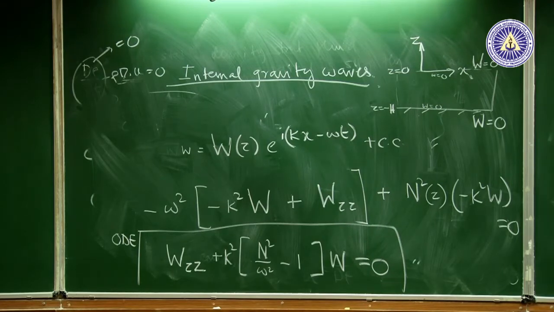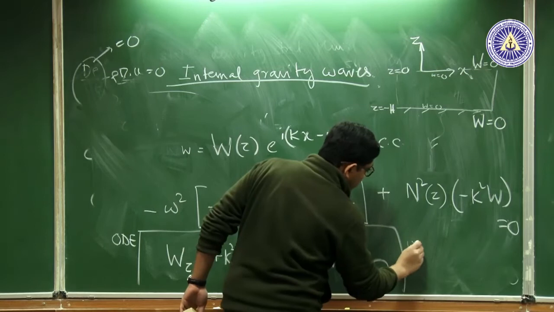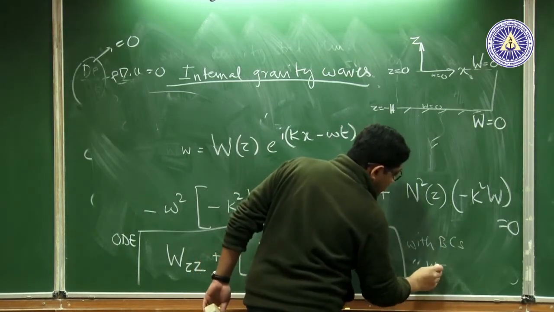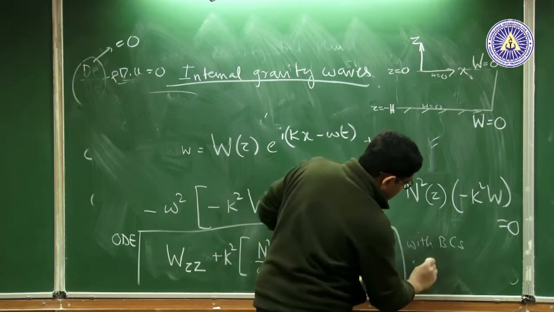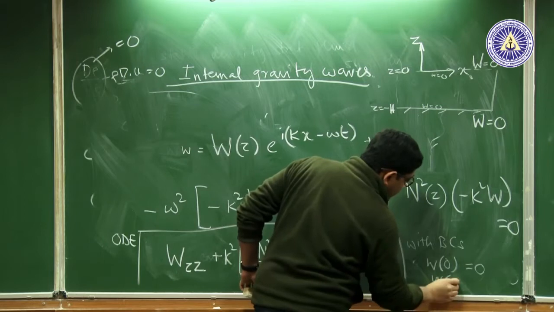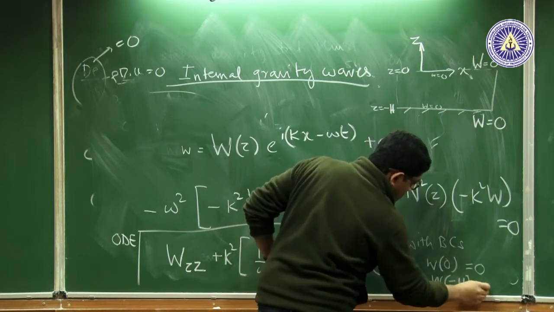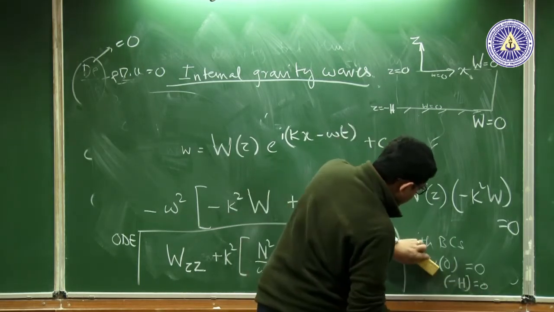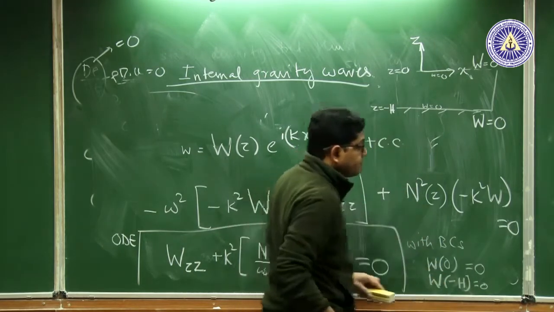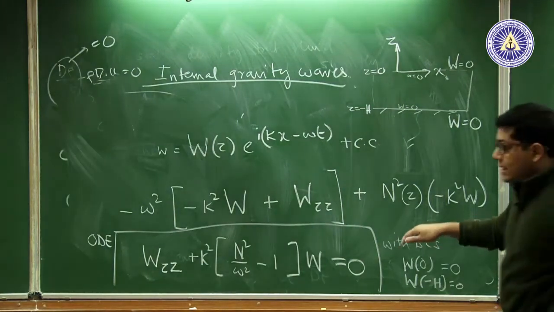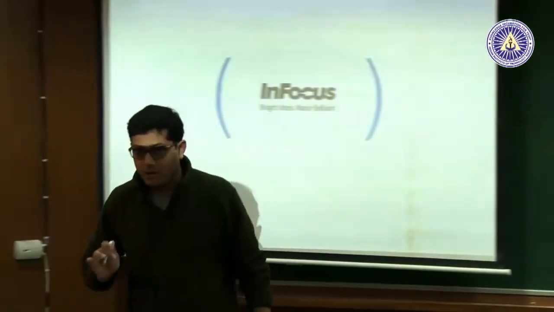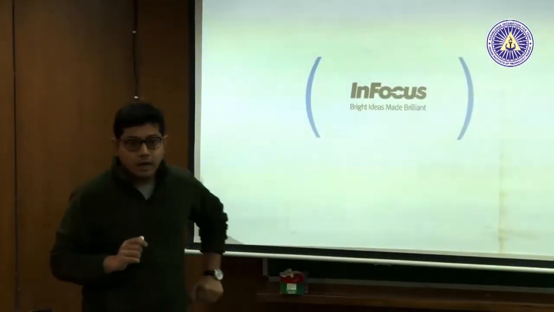So, this with the boundary conditions, W at 0 is 0 and W at minus h is 0. These are all capital W, there is no more small w in the business. So, you understand that this is an eigenvalue problem. W is basically an eigenfunction, right. It is an eigenvalue problem.